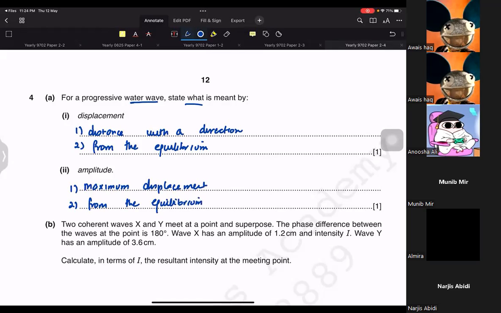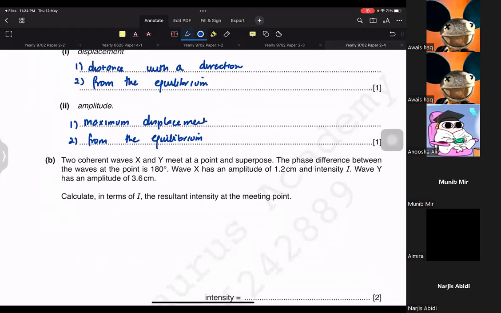Equilibrium. Okay. Now, all right. The phase difference between the waves is 180. Wave X has an amplitude 1.2 and intensity I. Wave Y has an amplitude of this. Calculate in terms of intensity the resultant intensity at the meeting point.